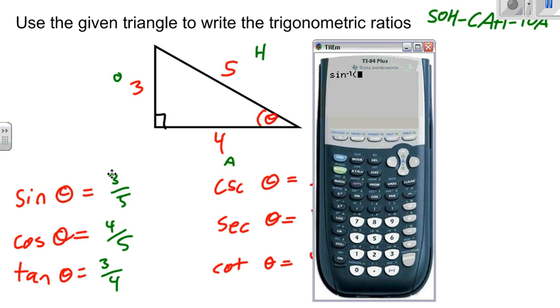Then input the fraction, 3 over 5. And we get 36.87 degrees. So this angle is 36.87 degrees.